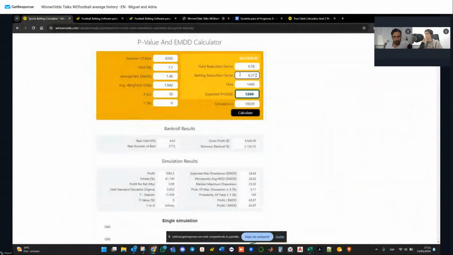So the fees are the same, and then you get a lower required bankroll because we have obtained a much better yield reduction factor. You also have, as people are less restricted, probably they can place a bigger bet size, because the average bet size placed by the users is affected by restrictions.